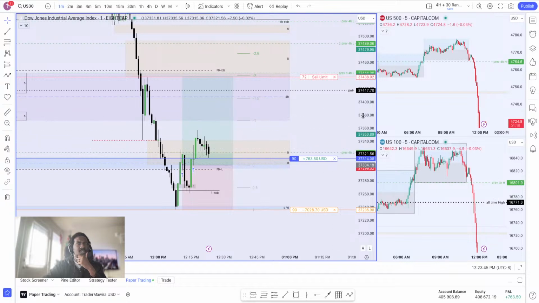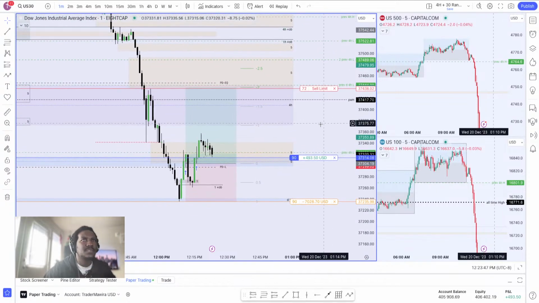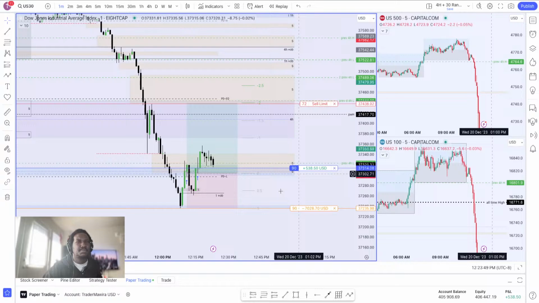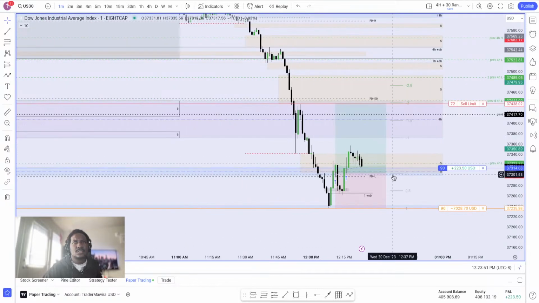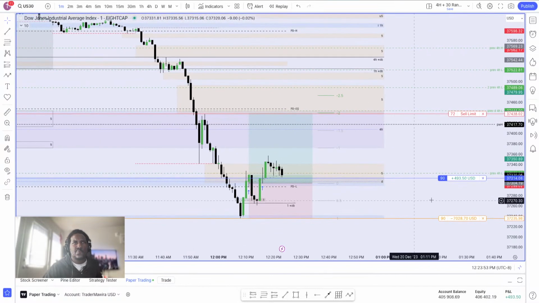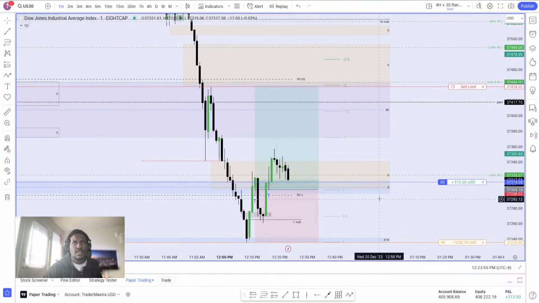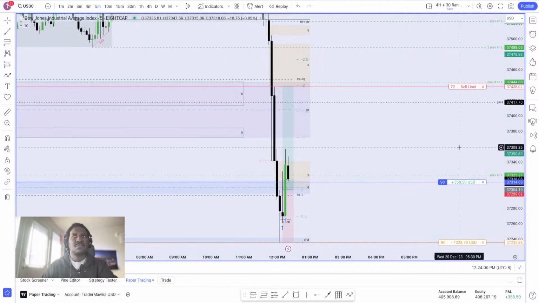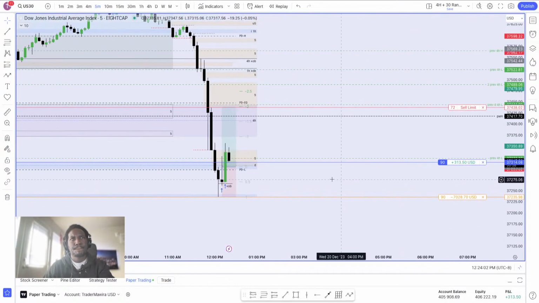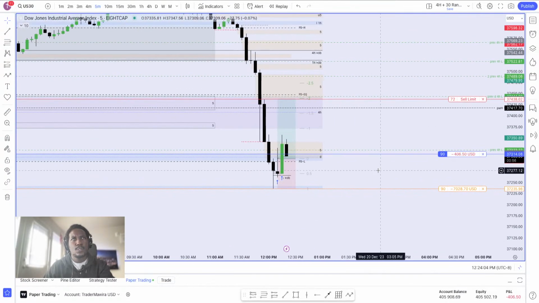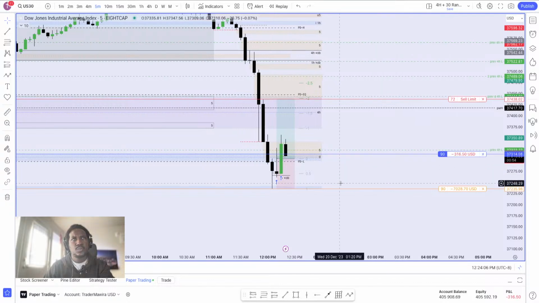I'm trying to see what I can remove from these charts because it looks so busy. Maybe move this. Let me get rid of some of those 5-minute situations. It's okay, we can stay.